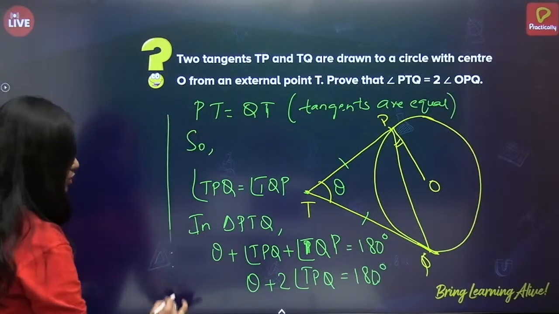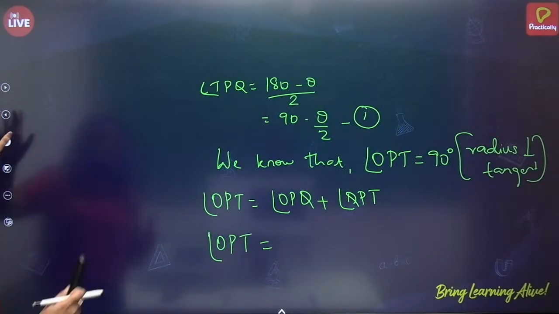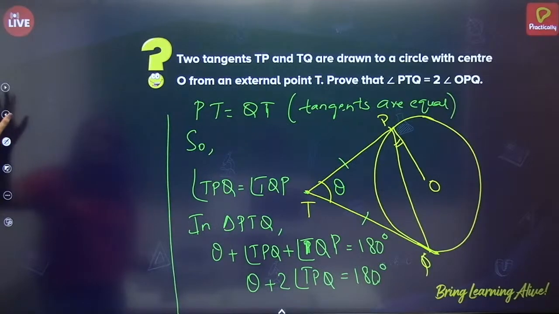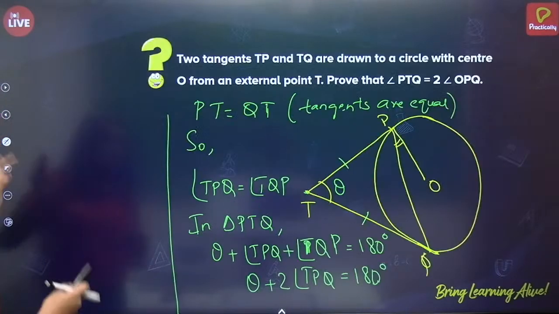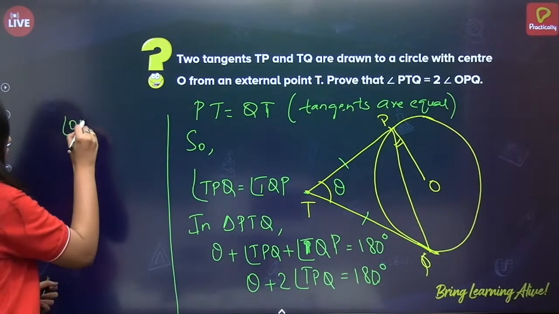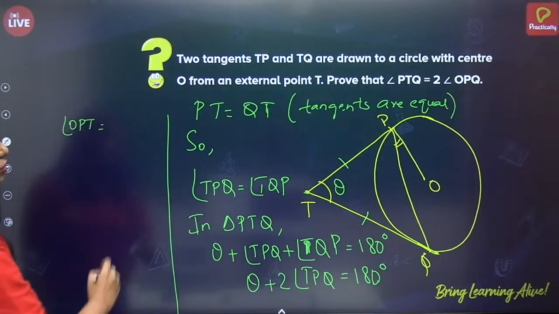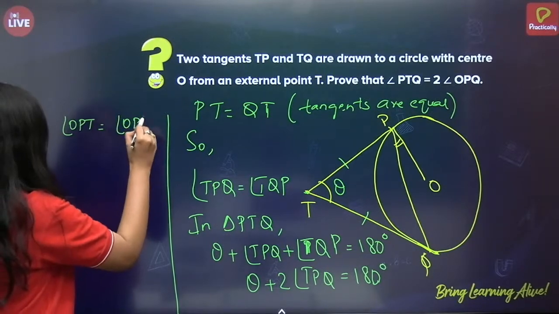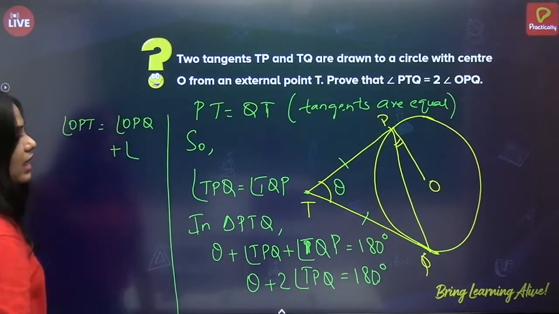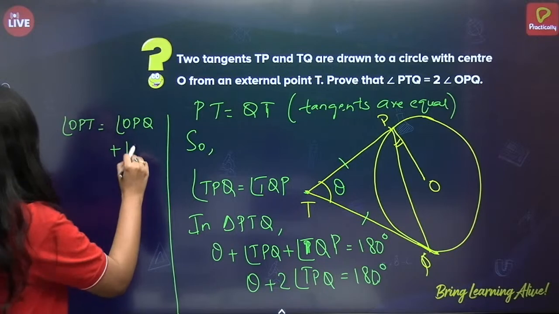I'm just doing it here because it's very hectic to move. So, what do we know? Angle OPT is equal to angle OPQ plus angle TPQ.